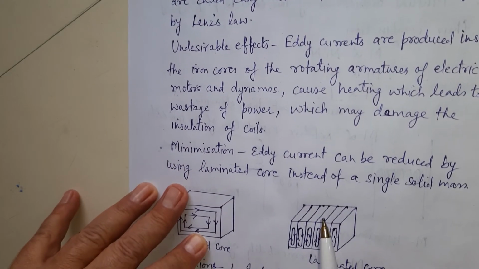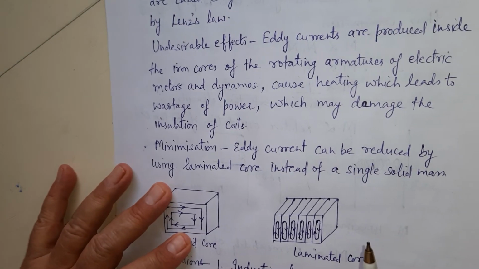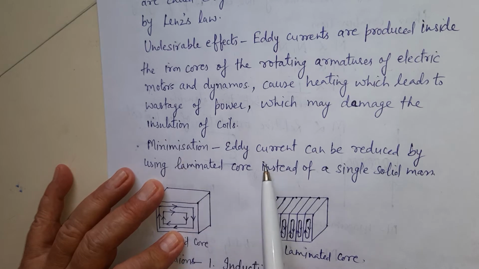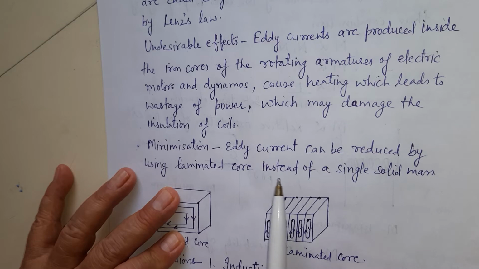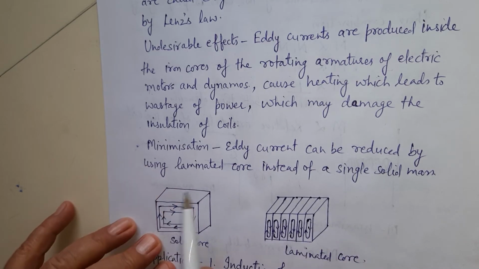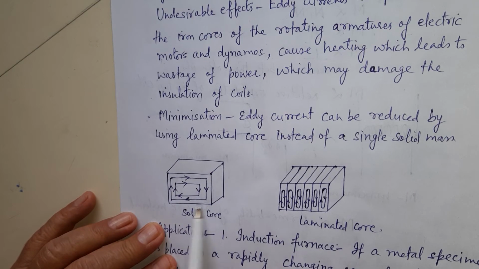But there is some desirable effect also, and to minimize the undesirable effect, eddy currents can be reduced using a laminated core instead of a single solid mass. When it is a single solid mass, then eddy current will be like this.